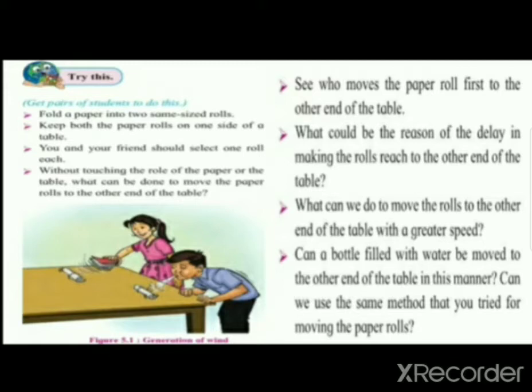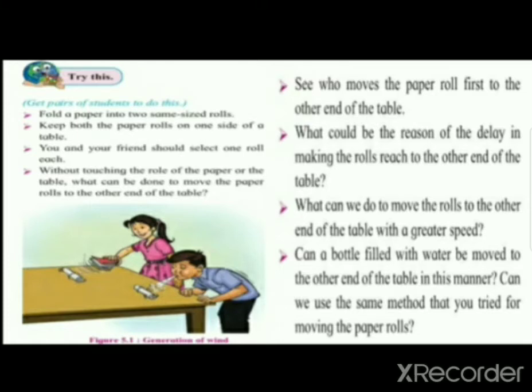Without touching the roll of paper or the table, what can be done to move the paper rolls to the other end of the table? See whose paper roll reaches the other end first. What would be the reason for the delay in making the rolls reach the other end of the table? What can we do to move the rolls to the other end of the table with greater speed?